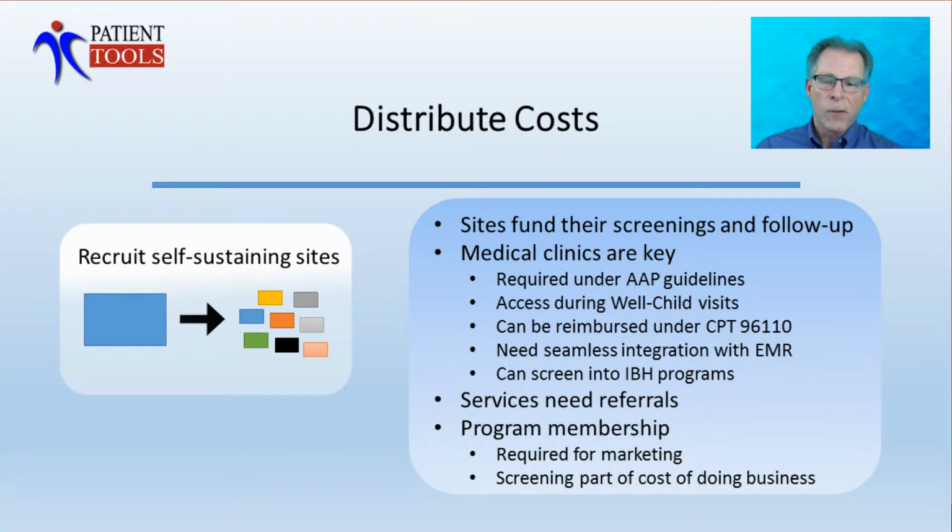The other advantage inside of a medical clinic is that they can get reimbursed. Now, the reimbursement moves all over the place because everybody's doing their cost shifting and all the other fun stuff that goes on inside the medical world. But there is a CPT code out there, 96110. And I even know the doc that got that put in place. He was working with a program.